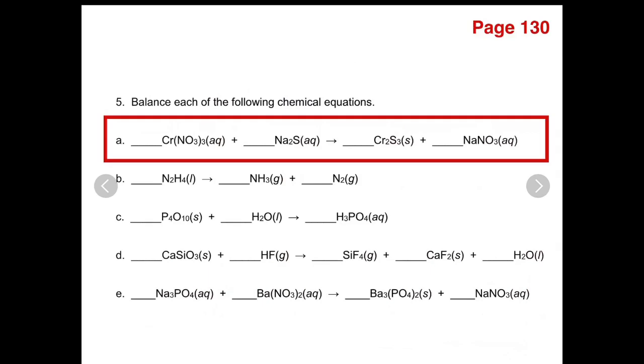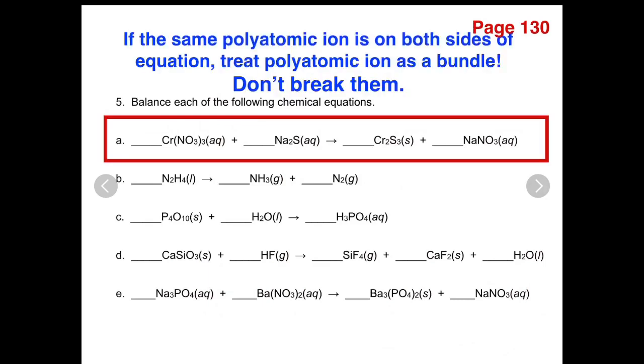If you're looking at 5a, you probably notice the polyatomic ion, and that is nitrate, NO3. Whenever you see nitrate or any polyatomic ion that appears on both sides of the equation, for example in this case, remember, we separate this by the arrow, nitrate appears on the reactant side, and nitrate also appears on the product side.